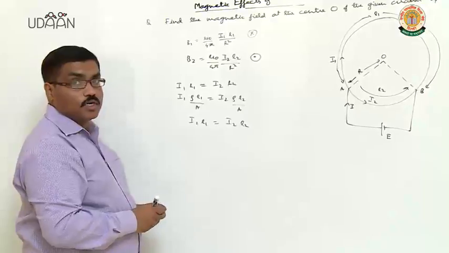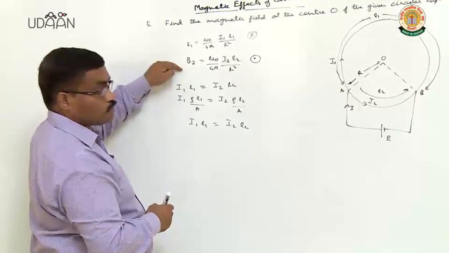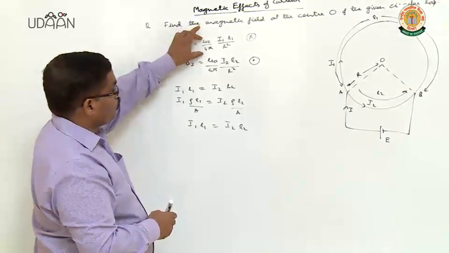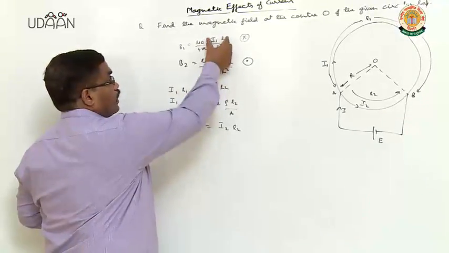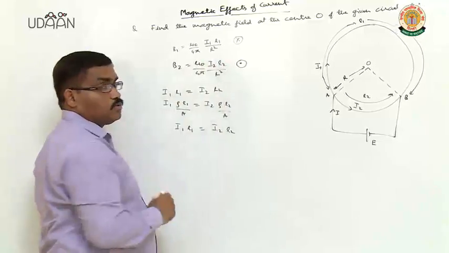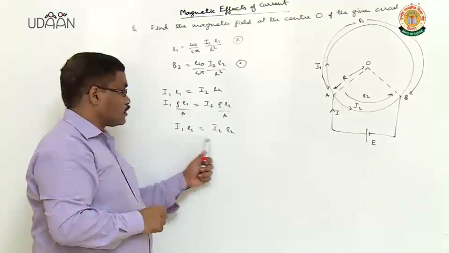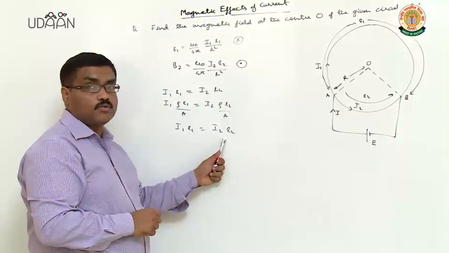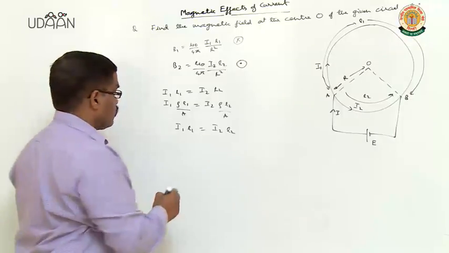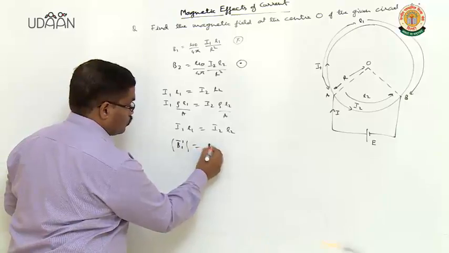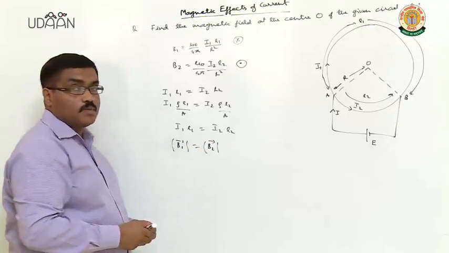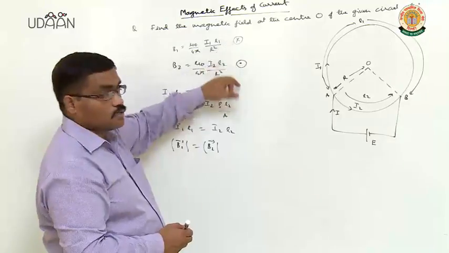Now if you look at the expressions of B1 and B2, you have mu naught upon 4 pi R square common in both, and you find that there is a term I1 L1 and here there is a term I2 L2, and we have proved that since they are connected in parallel, I1 L1 will be equal to I2 L2. This means that B1 in magnitude will be equal to B2. At the same time, we have already proved that the directions are opposite.